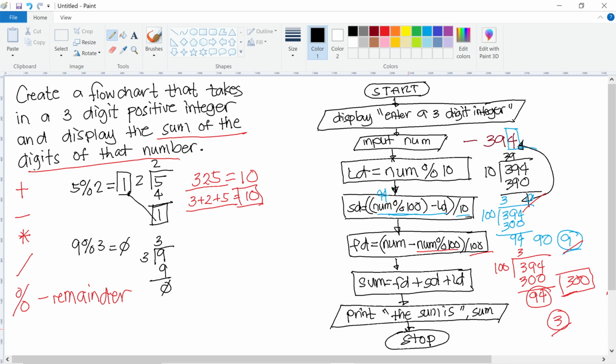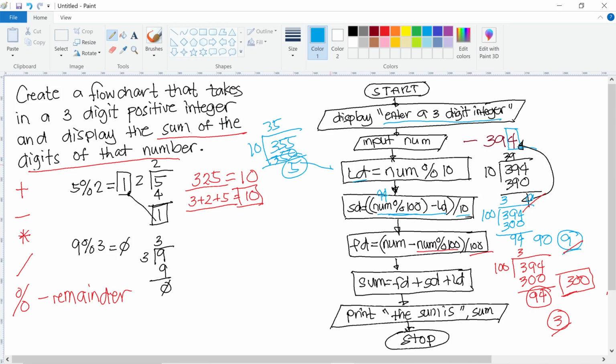Okay, so let's try to have an example here. Say for example, enter a 3-digit integer. Now we input 355. That is our input. So again, for the last digit, we have num modulo 10. That's 355 divided by 10. We have 35, that's 350. The remainder is 5.